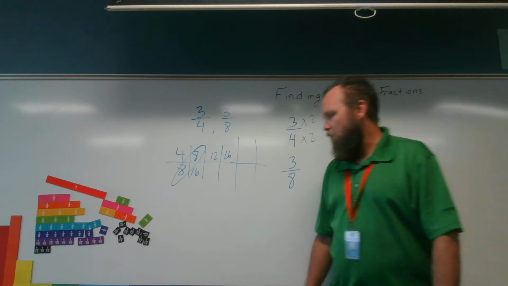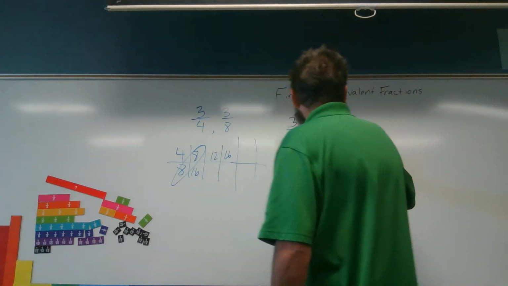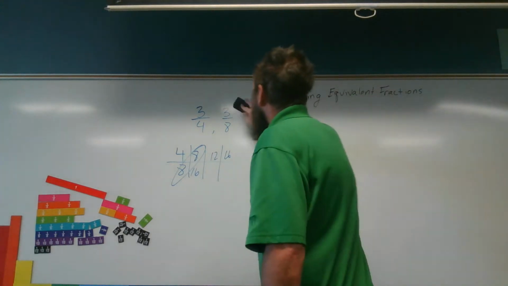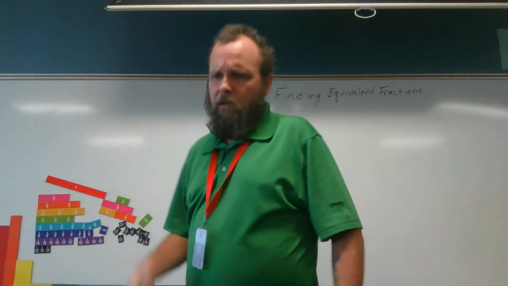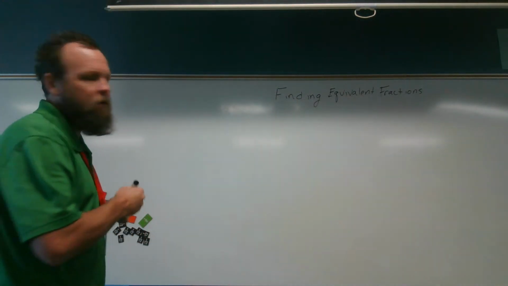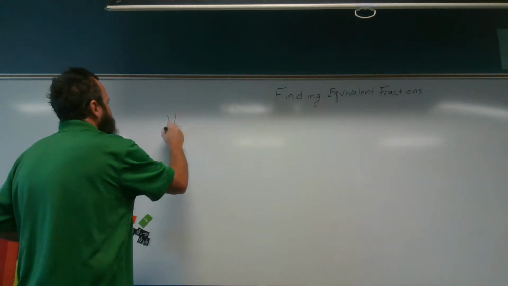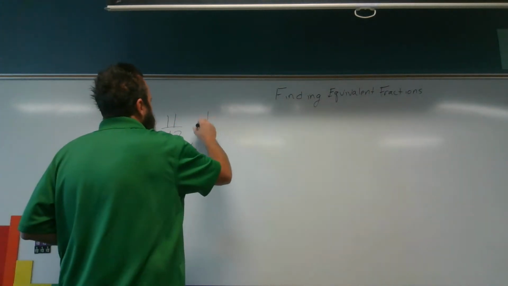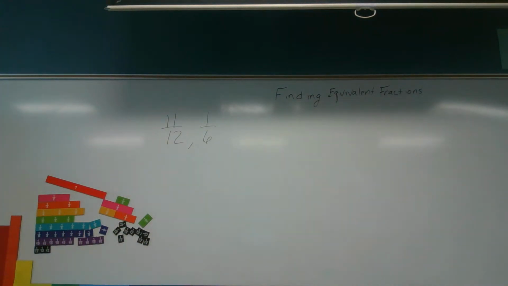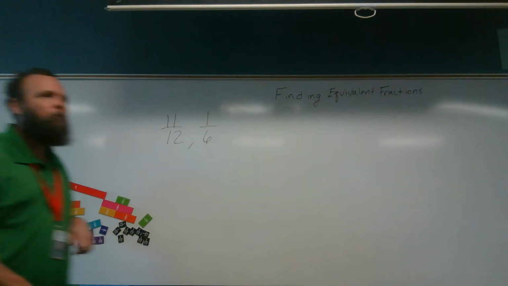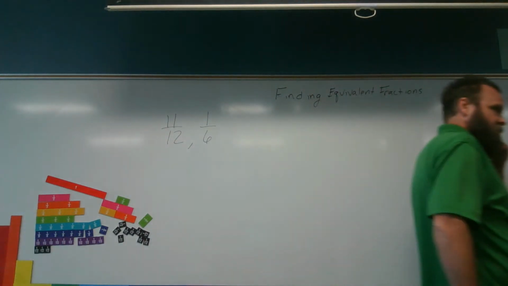Now our second problem that you were asked to do this morning is 11/12 and 1/6. You could use your multiplication chart real easily to look at your multiples of 12 and 6.